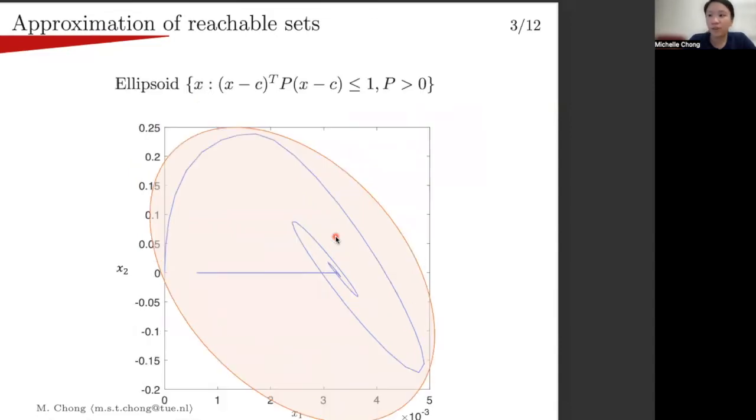In this work, we focus on ellipsoidal bounds, as ellipsoids can be written in this particular quadratic form with a positive definite matrix P centered at the central point C. This lends itself nicely to Lyapunov-based methods, which employ quadratic Lyapunov functions, which allows us to deal with a class of time delay nonlinear systems.